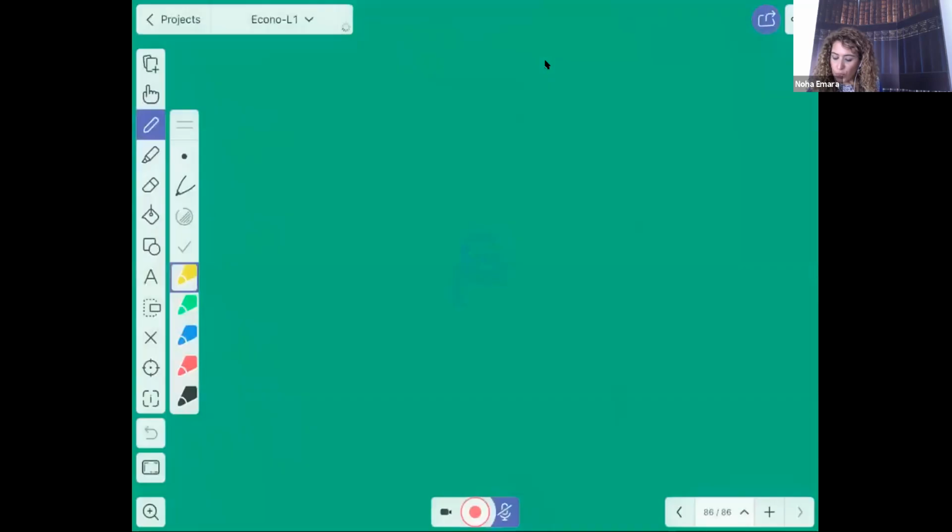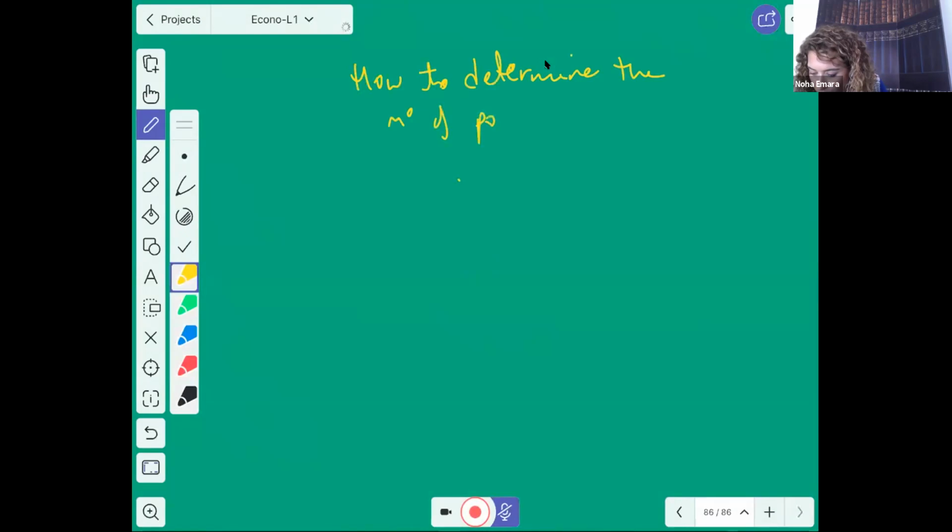So there are two ways to determine the number of polynomial terms in your model.